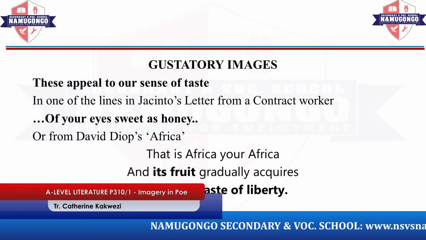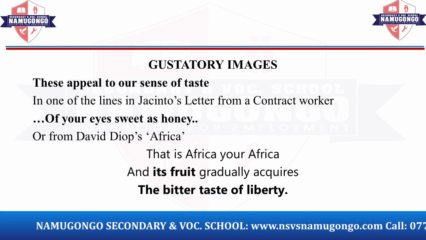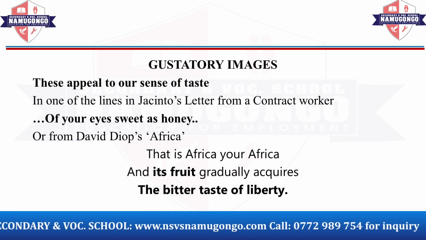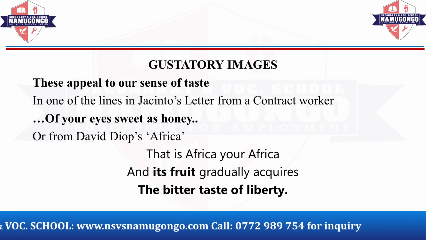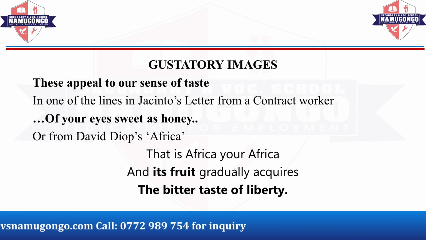Or we can also see another image from David Diop's poem, Africa. In this line, that is Africa, your Africa, and its fruit gradually acquires the bitter taste of liberty. Put emphasis on the word bitter, okay?